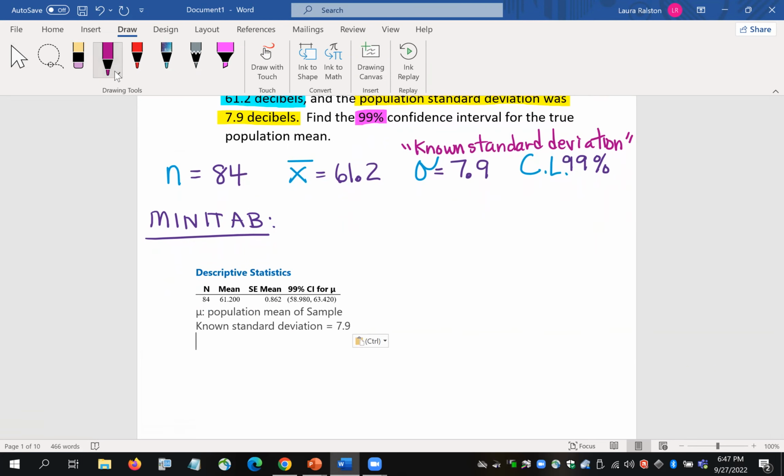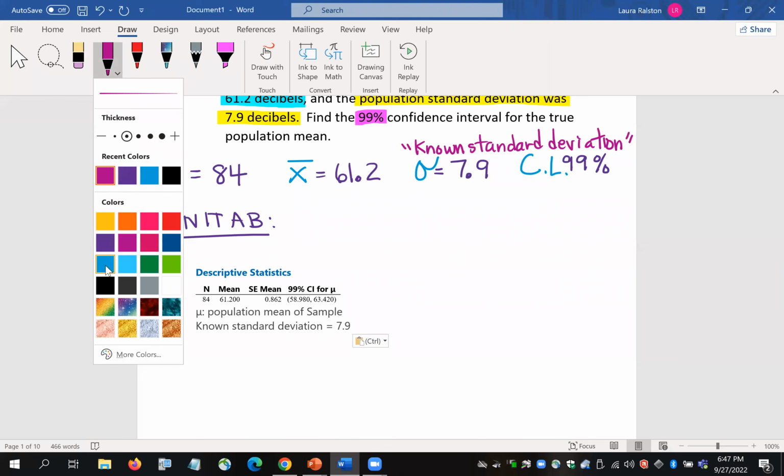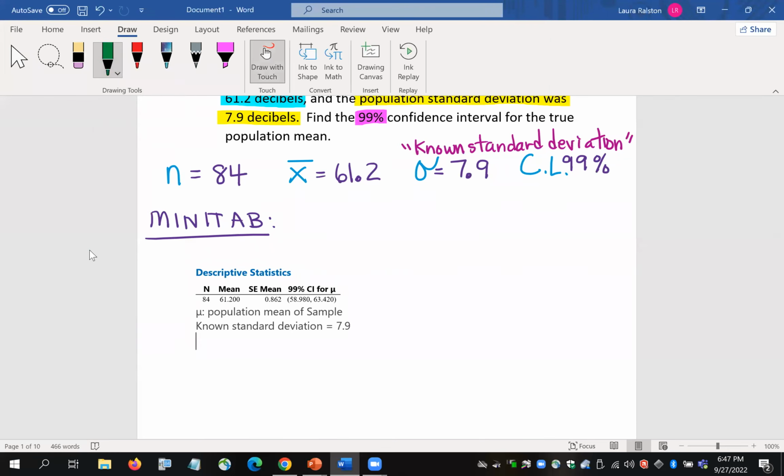Okay, a couple of things here just to kind of point out. Minitab shows me the sample size. So N is my sample size. It gives me the sample mean, which I was given, so I can verify that I didn't mistype it.